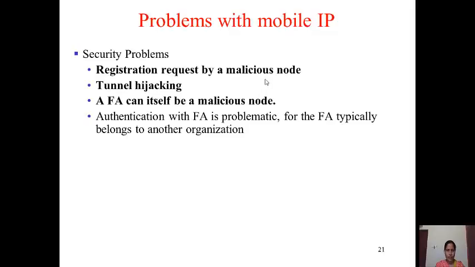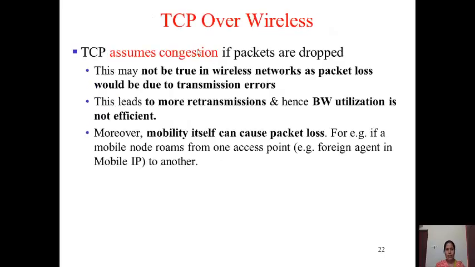Right? So with this, let us go ahead with the next layer, that is TCP, and see how TCP is extended to wireless. As I told you in the initial discussions, normally TCP assumes congestion if packets are dropped.